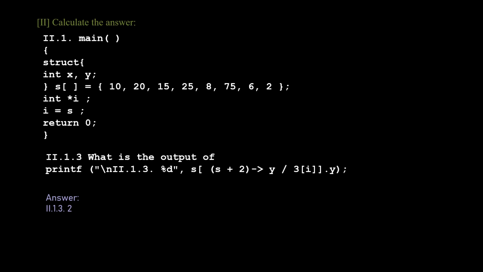Now 75 divided by I[3] or 3[I], both are same. So I+3 starts from 0: 10, 20, 15, 25. So it is 75 divided by 25, which is 3, s[3].y. So s[3] would be pointing to 6, and .y is 2. That is how the answer is 2.